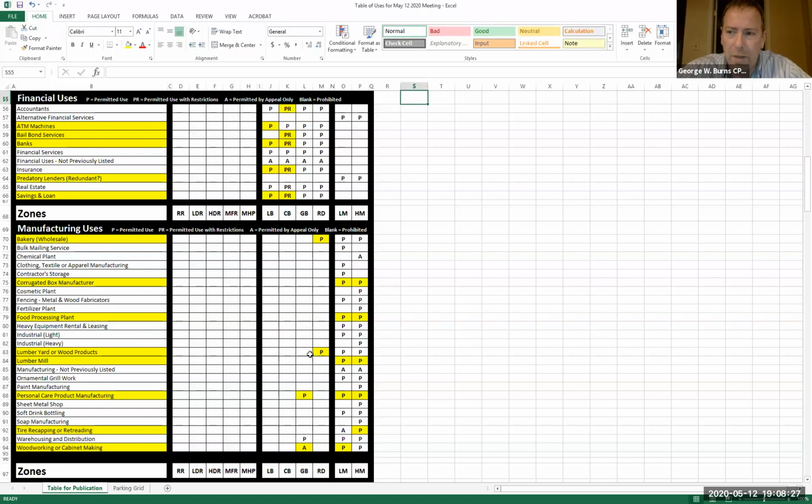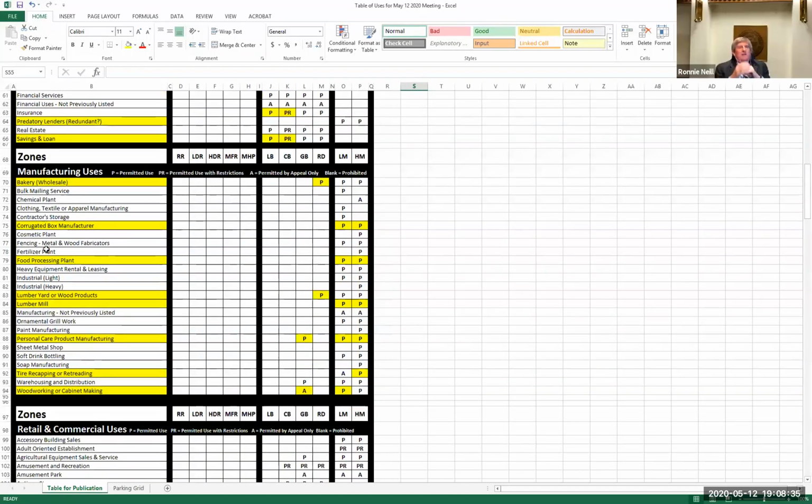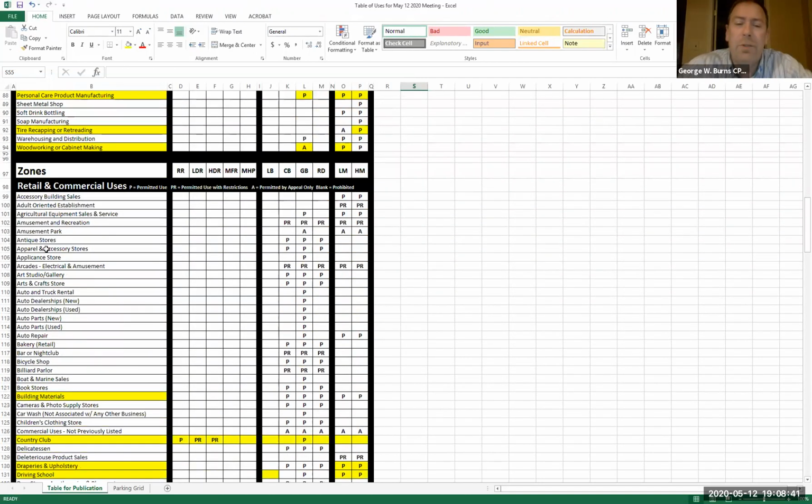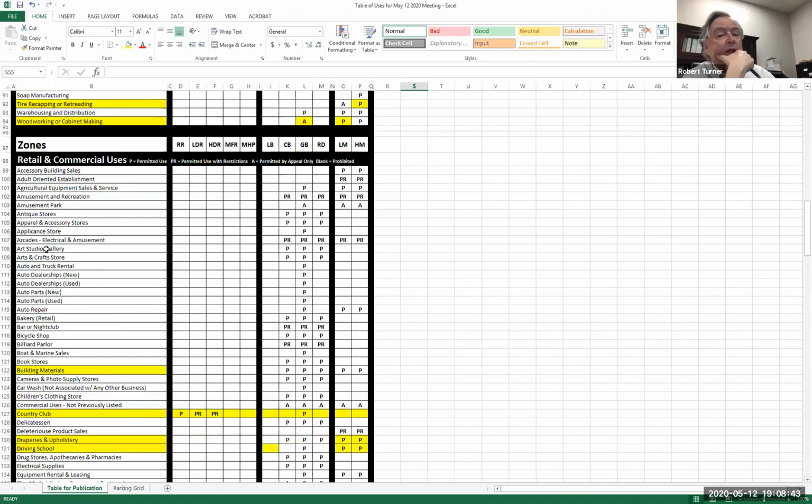Would anybody have an objection to adding a category like that? Why wouldn't that be under just retail? Because it's a manufacturer. It could go either way, I think, George.